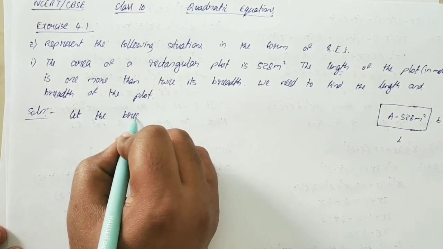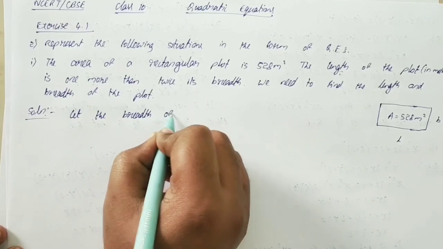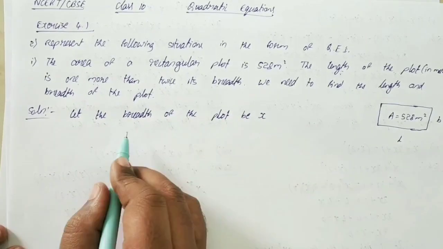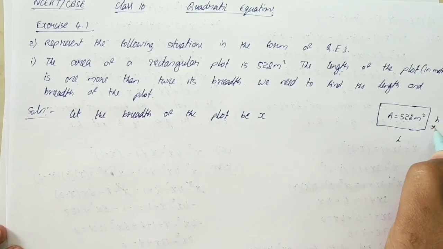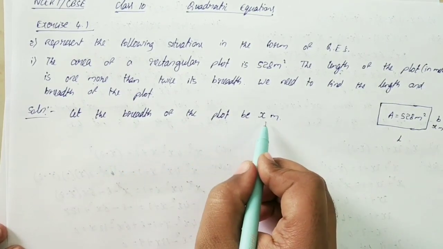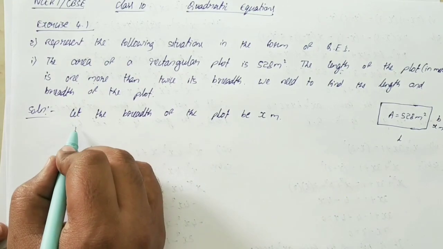So let the breadth of the plot be x meter. We don't know the breadth, so we took it as x. We don't know the length also.